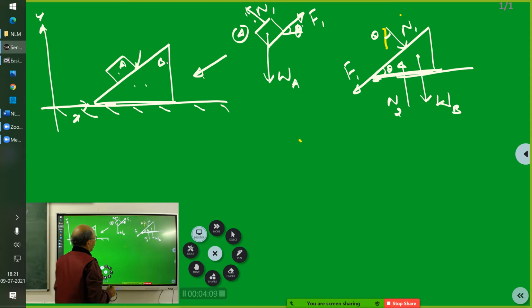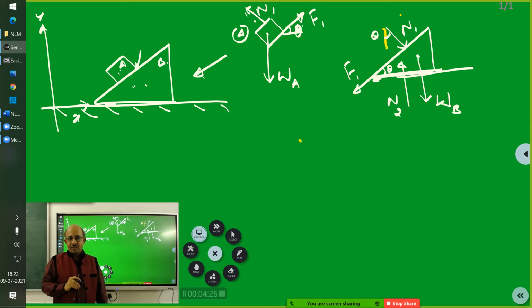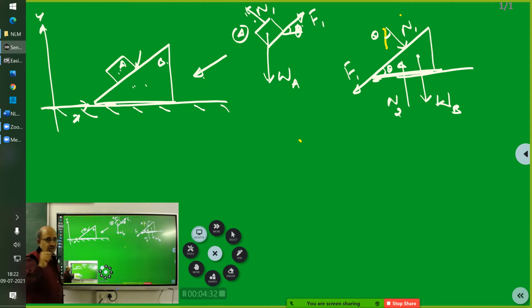Now accordingly write the equations, depending upon the conditions that are given. The condition is, please appreciate, with respect to this frame, both these bodies are at rest, because this frame is attached to the earth, the rigid body.